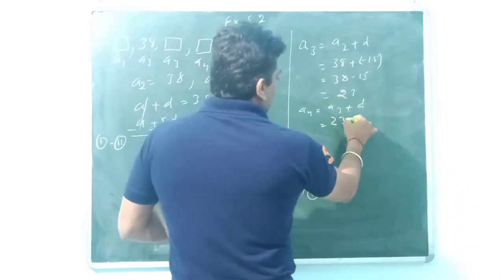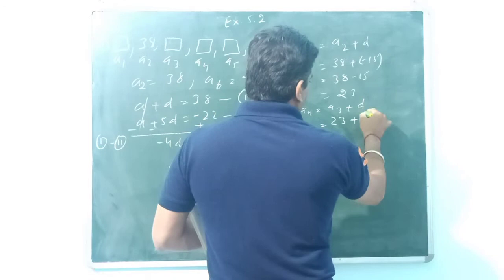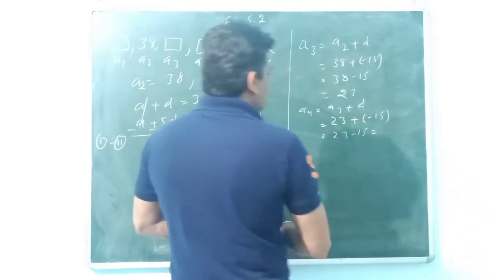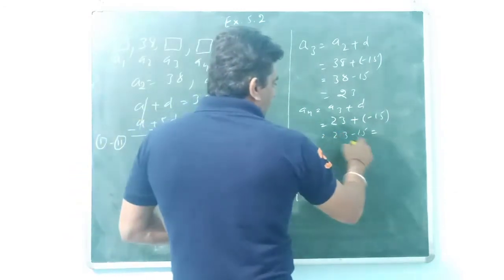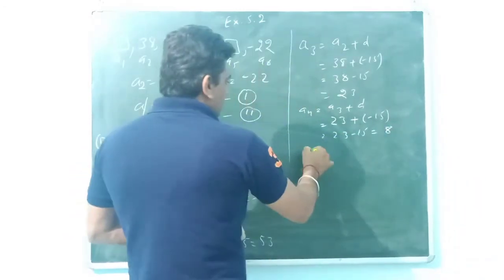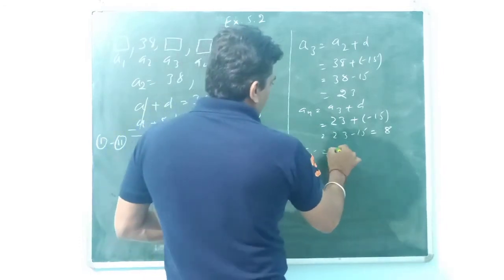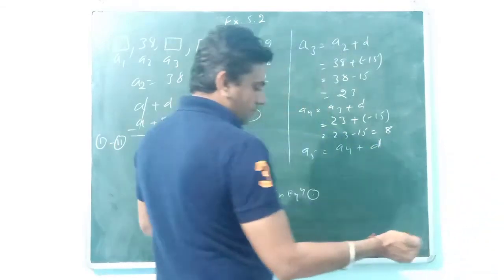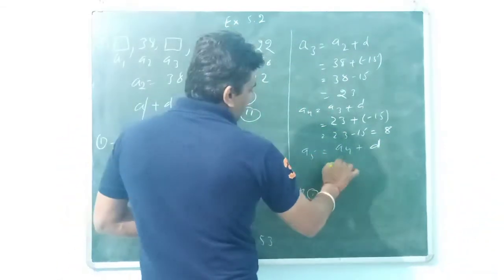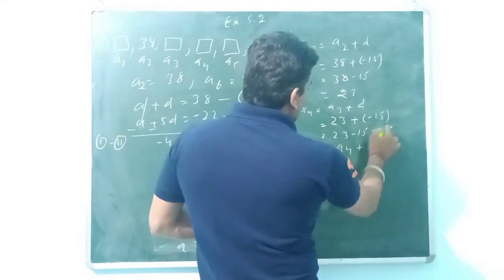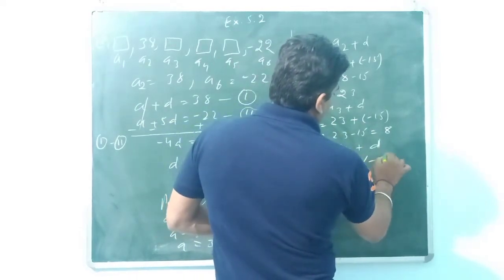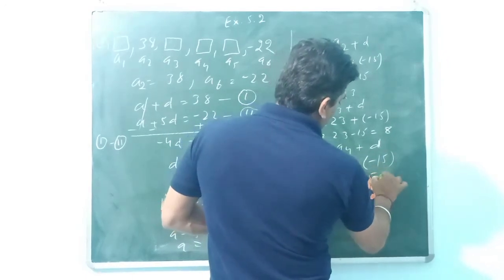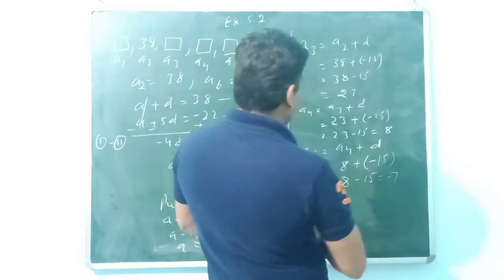A3 is 23 plus minus 15. 23 minus 15, and this becomes 8. Again A5. A4 plus D. What is A4? A4 is 8. 8 plus minus 15. 8 minus 15 is minus 7.